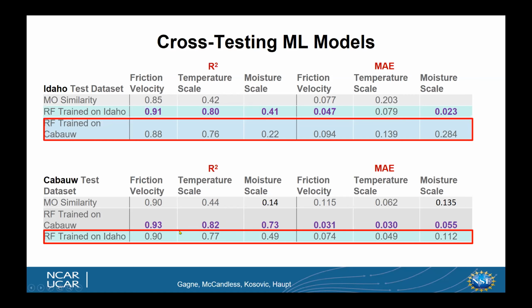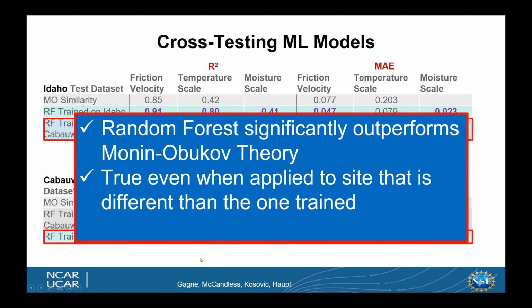And similarly for the random forest trained on Idaho compared to Cabauw. So what this shows is that we can use these machine learning methods to derive parameterizations for our NWP model that outperform the theoretical versions that had empirical coefficients before. And that's even true when it's applied at a different site.